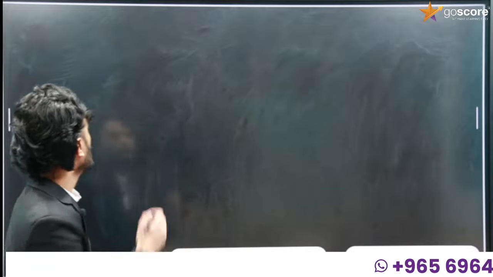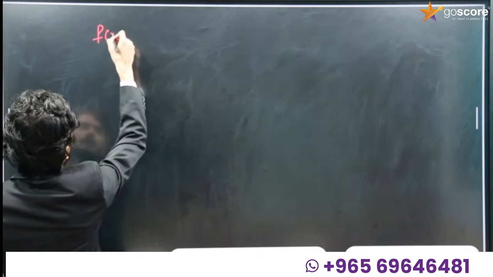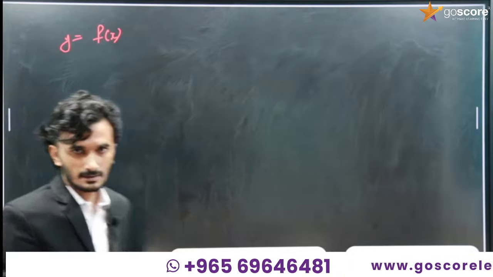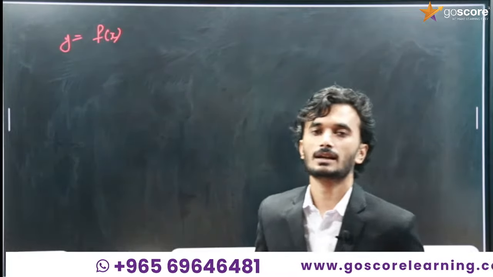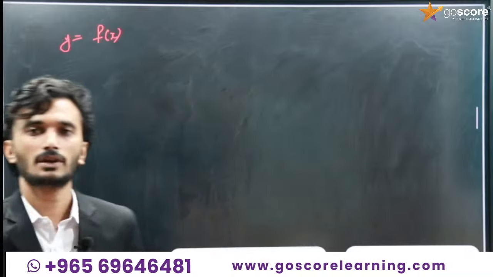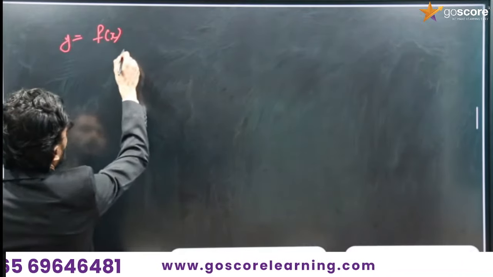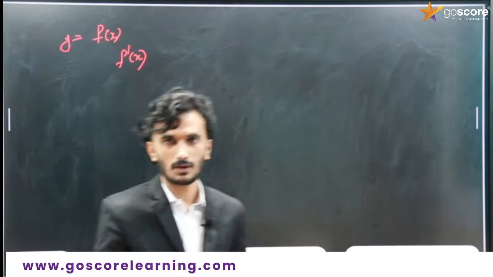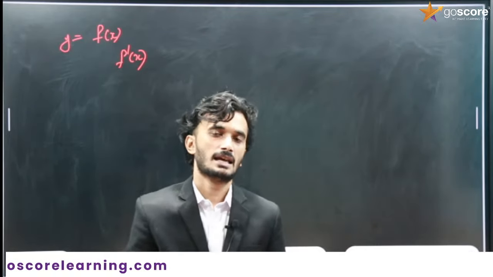What is a critical point? We can take a function f of x, y is equal to f of x. First we will take the derivative of that function. The derivative of f of x is f dash x.